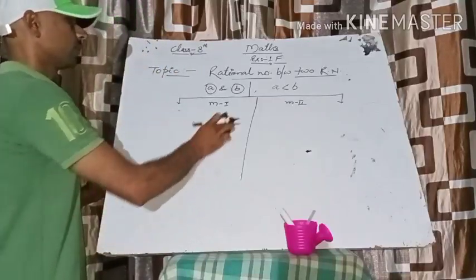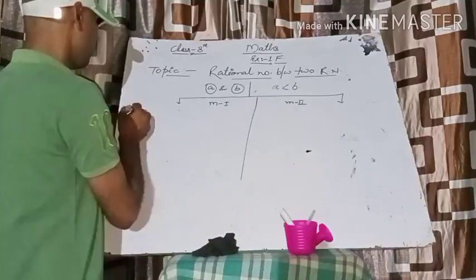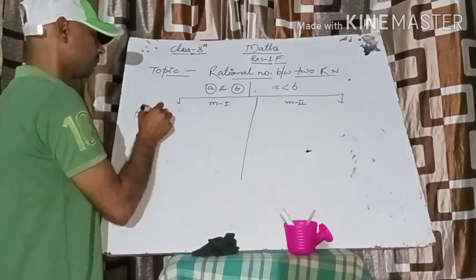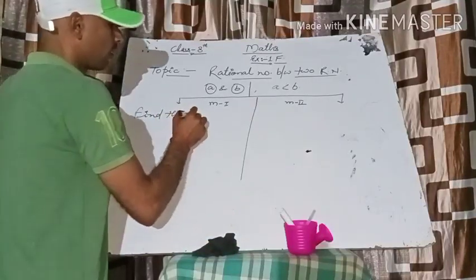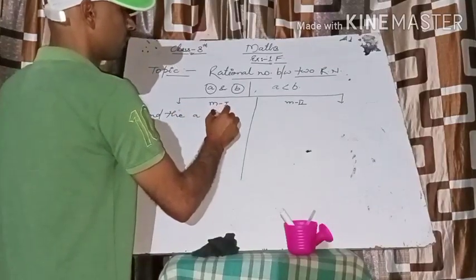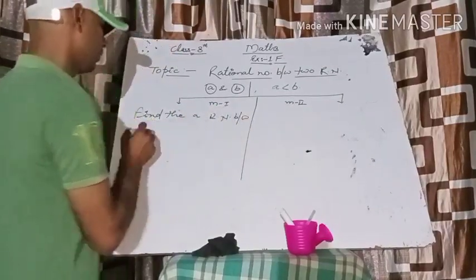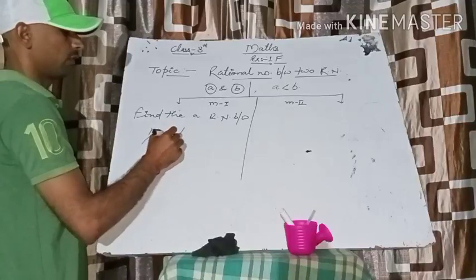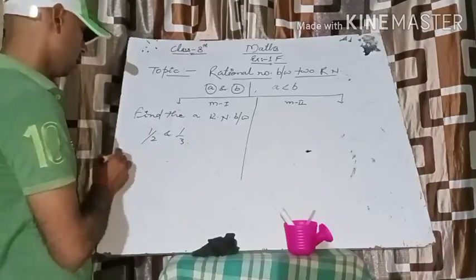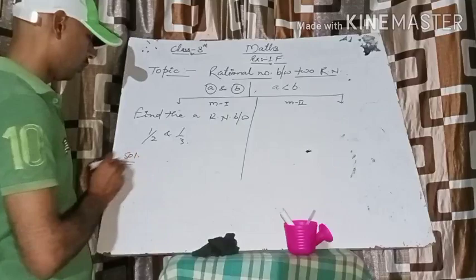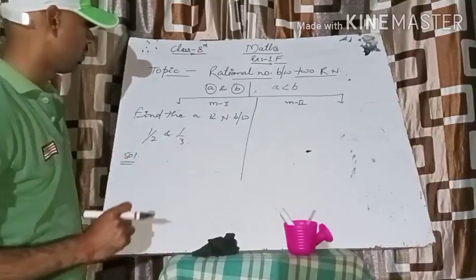Find one rational number between 1/2 and 1/3. Okay, now how will we solve this question?